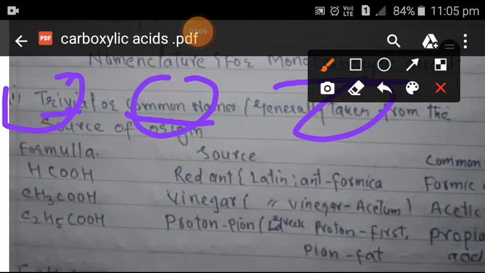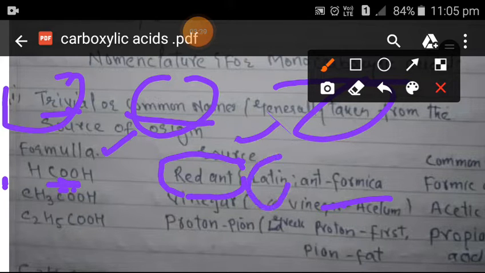First, let us see the first compound, formic acid. The source of this formic acid is the red ant. The Latin word for ant is formica, and the red ant species is called formica.